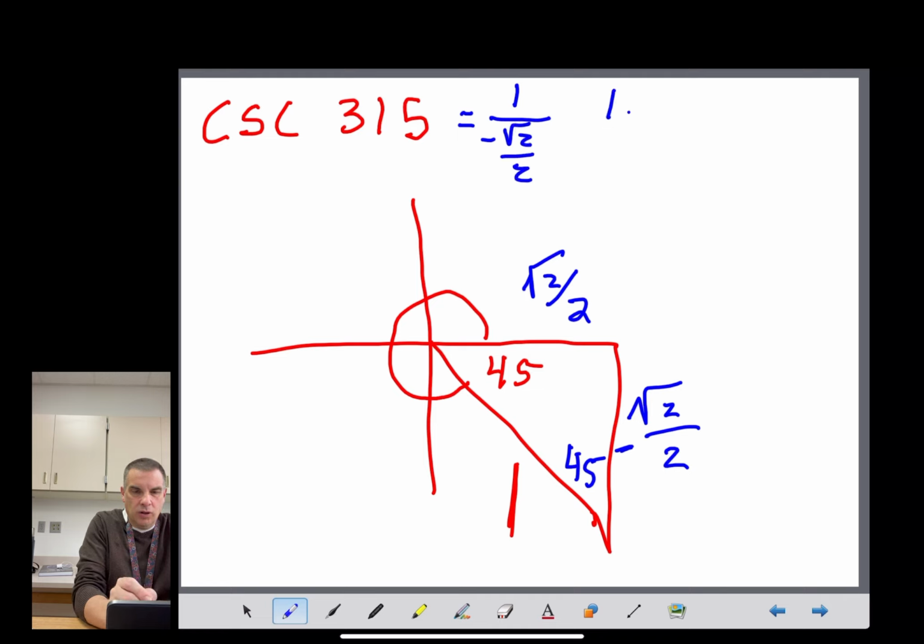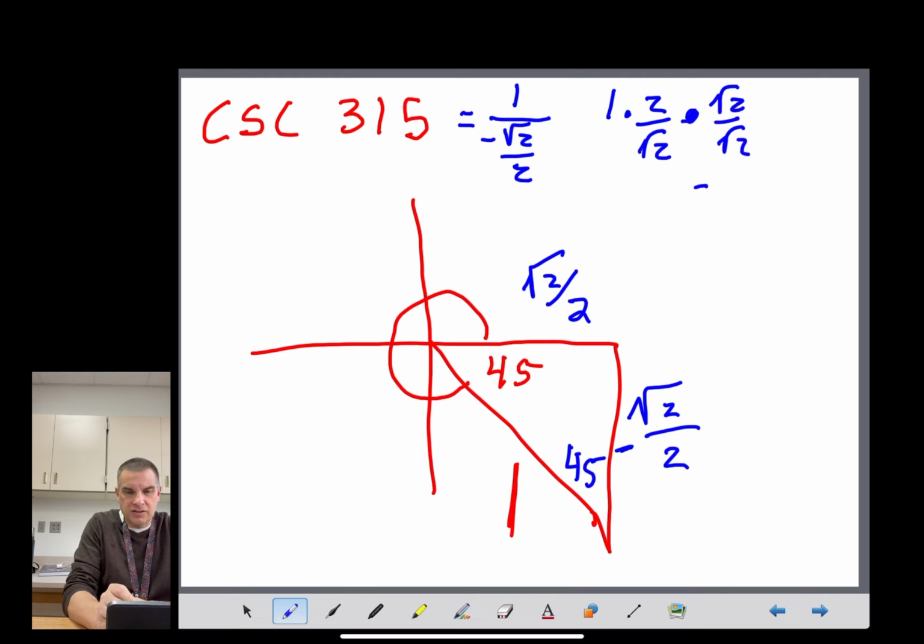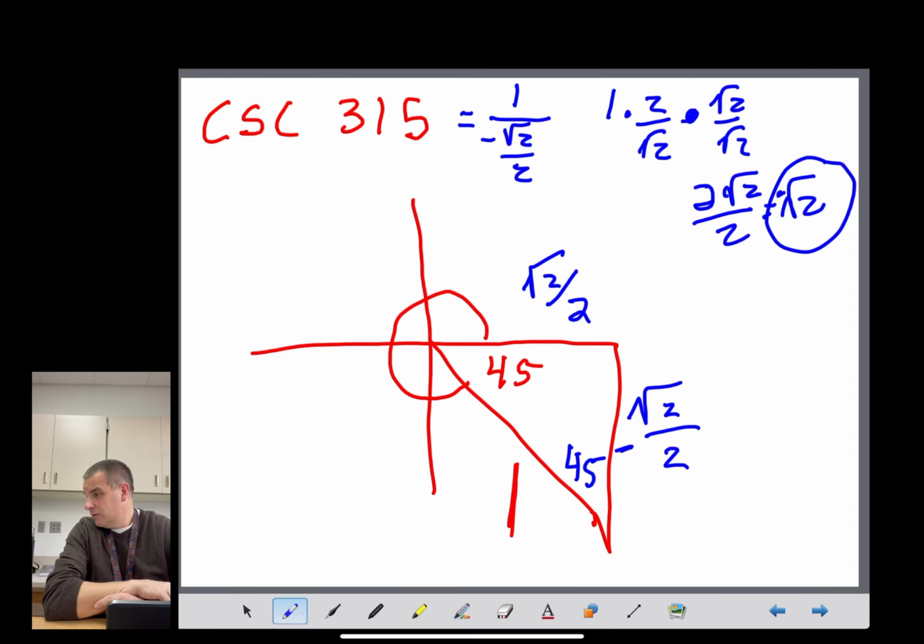So we've got 1 times 2 over the square root of 2. So we got to multiply by the square root of 2 over the square root of 2. So that gives me 2 times the square root of 2 over 2, which is just the square root of 2. And it's down, so it was negative. So it's negative square root of 2 for that one. And you're done.